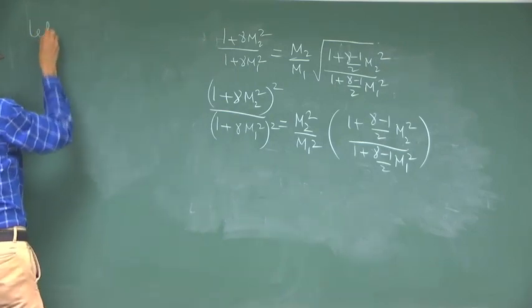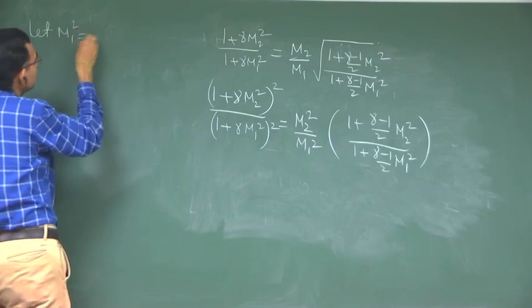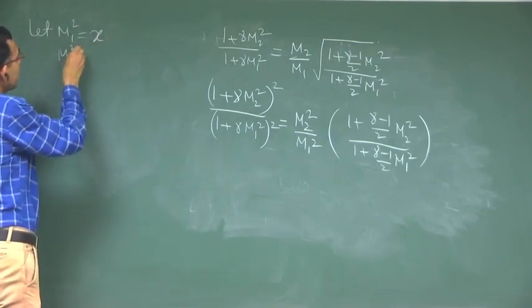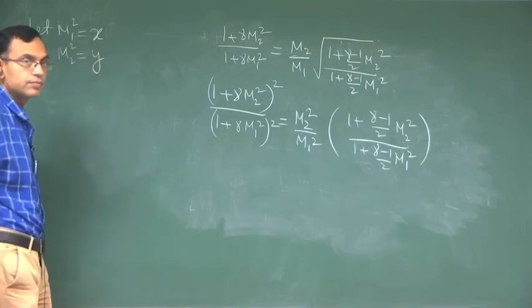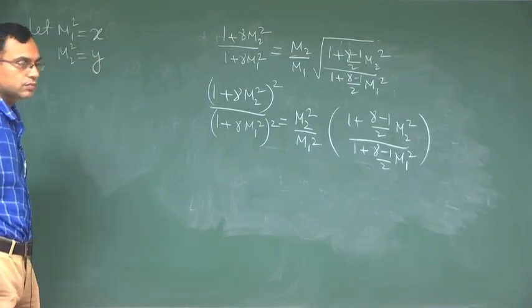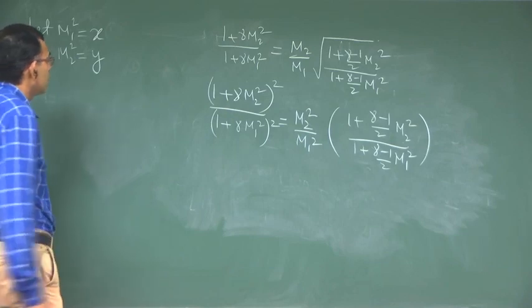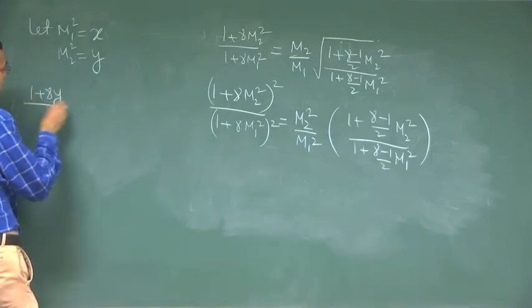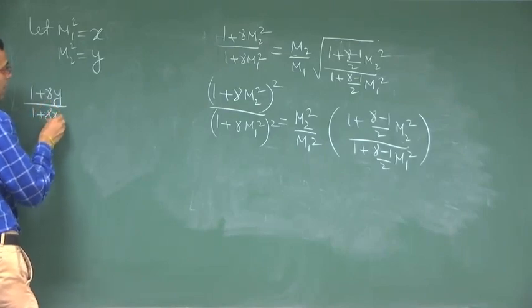So, let M1 square equal x and M2 square equal y. So, (1 plus gamma y) by (1 plus gamma x).